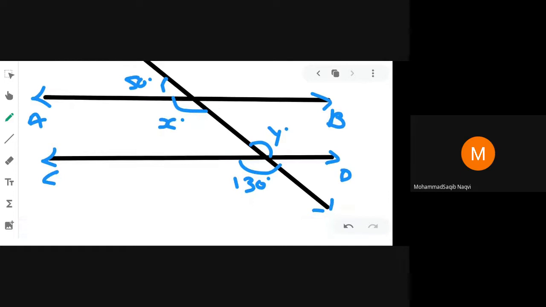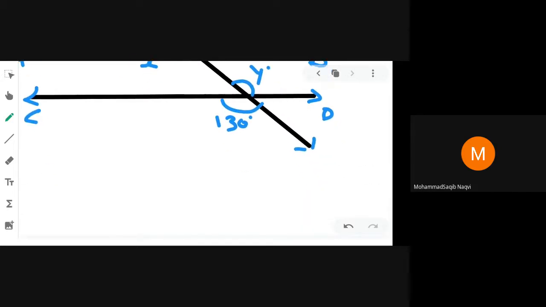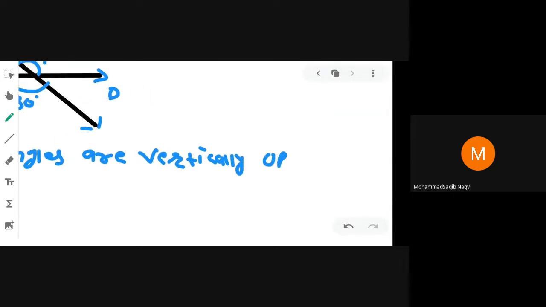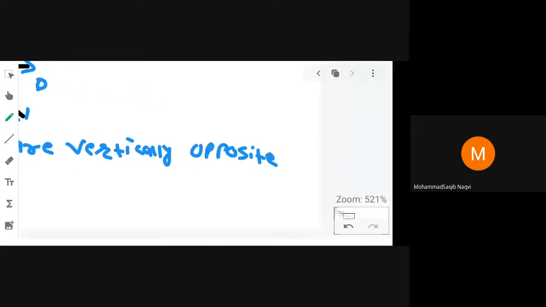Now you can see angle y and the 130° angle are vertically opposite angles. Yes or no? So we can write down here: angle y and the 130° angle are vertically opposite angles.